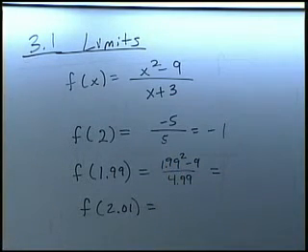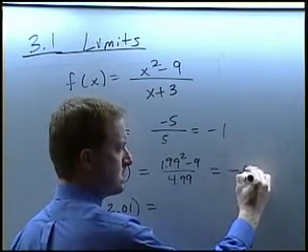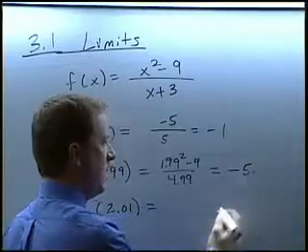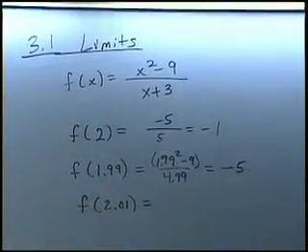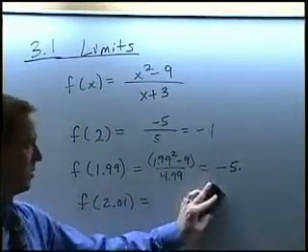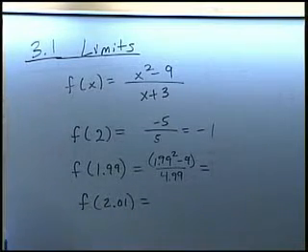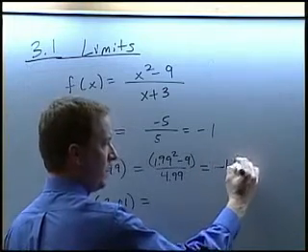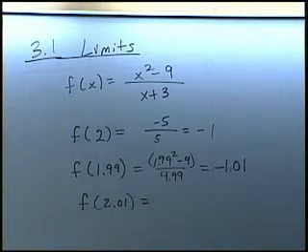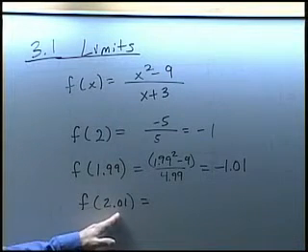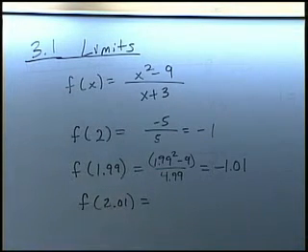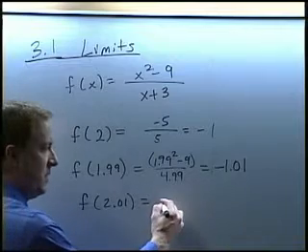What is the answer? Negative 5.0399. I'm going to have you double check it again. Make sure there's parentheses around this. It should be a little closer to something else here. Negative 1.01. Okay, that's more of what I was hoping it would be. And what if we substitute in 2.01? Negative 0.99.